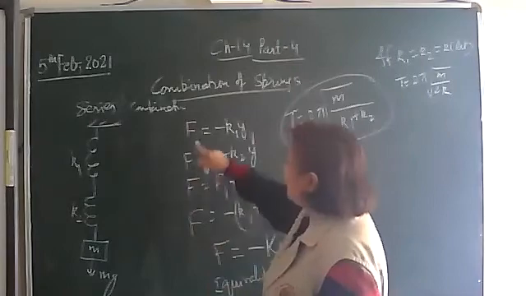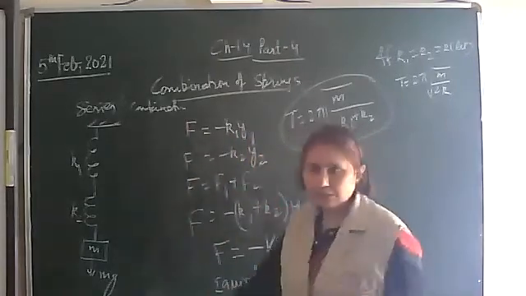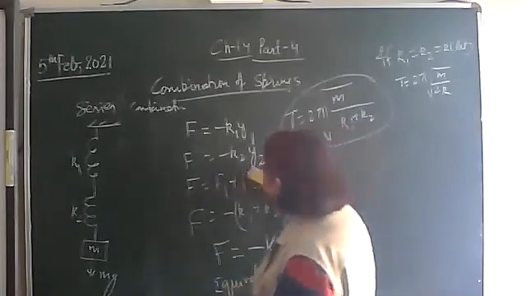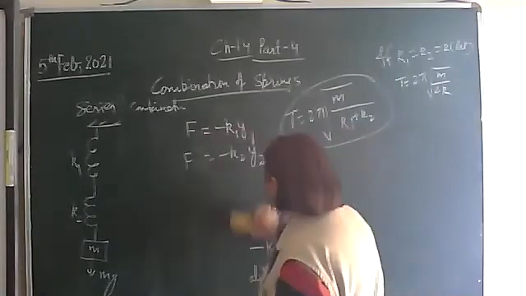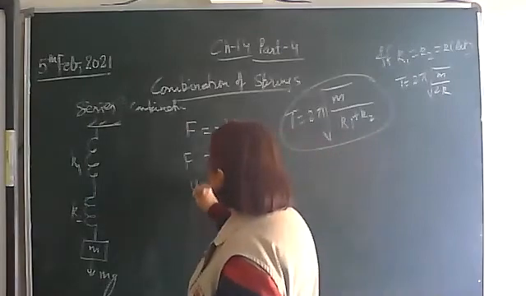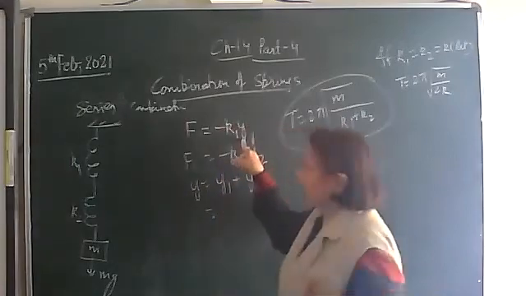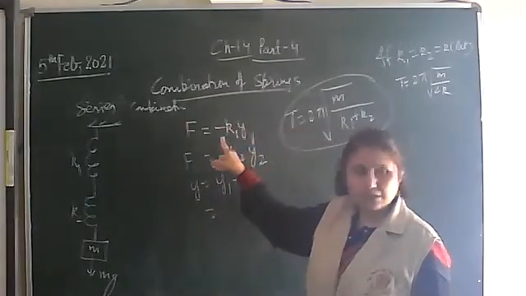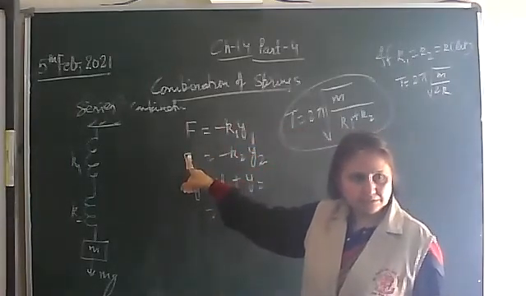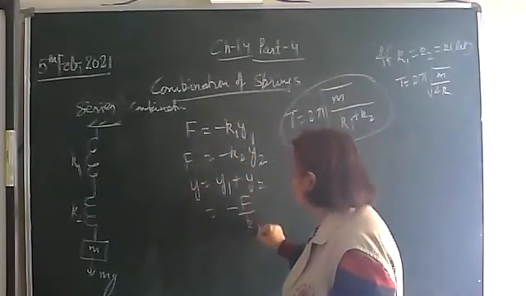So, for the first spring, F is equal to minus k1 y1. For the second spring, let's find out the total displacement. How much is it displaced? Y is equal to y1 plus y2. Find y1 from here: minus F upon k1.